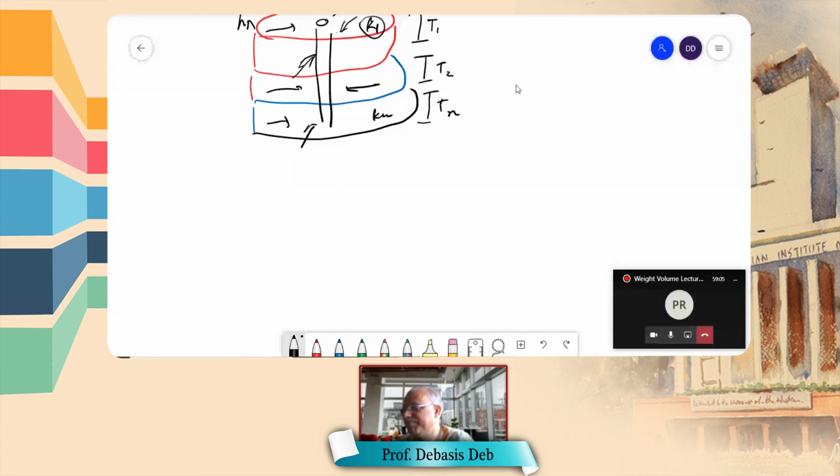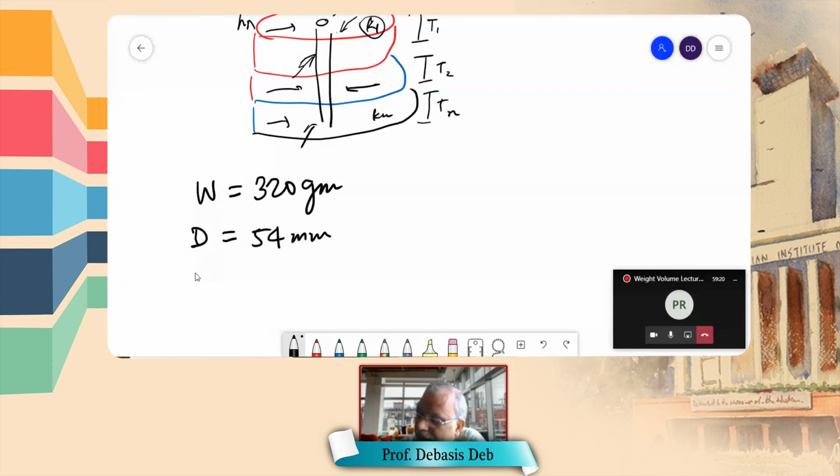Let me write you the data. The moist soil having W 320 gram, diameter is given 54 mm, length is given 60 mm, small w, the water content is 20%, and Gs is 2.65.